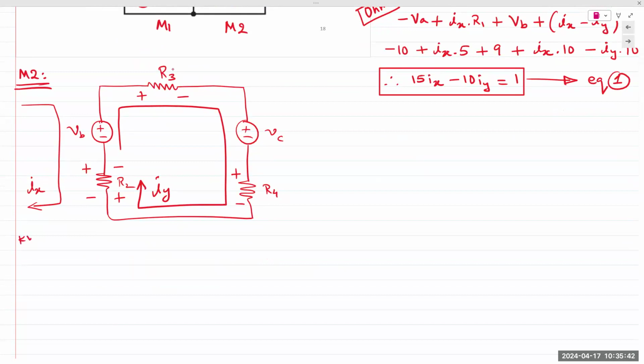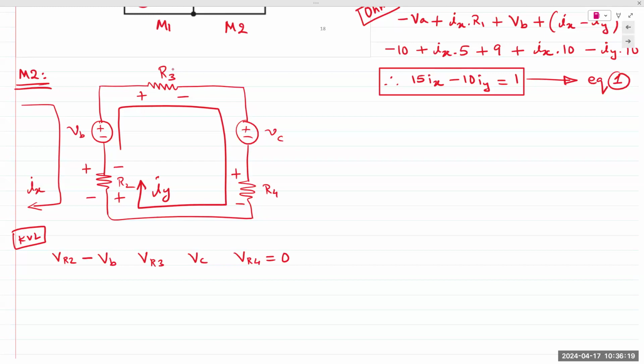If I apply KVL, starting from the bottom left corner, I have VR2. Then I have VB. I have VR3. I have VC. And I have VR4. So resistor voltage will always be positive for me just because I sum up the voltages in the same direction as my mesh current. And so it'll be plus VR2. But for my technique, VB would be negative.